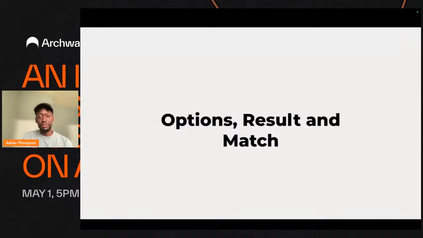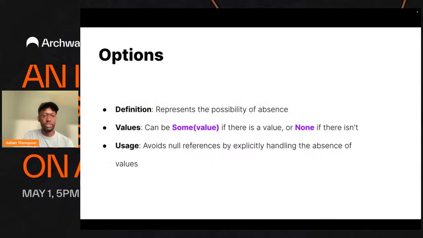Another area within Rust that I think is extremely important to understand is Option, Result, and match. Match is like a switch in other languages. But let's go through Option. Option represents the possibility of absence. What in other languages you might use null for, you can't do within Rust.